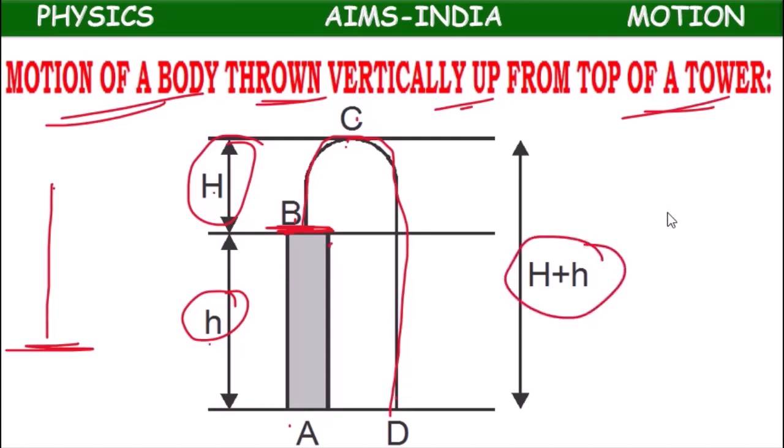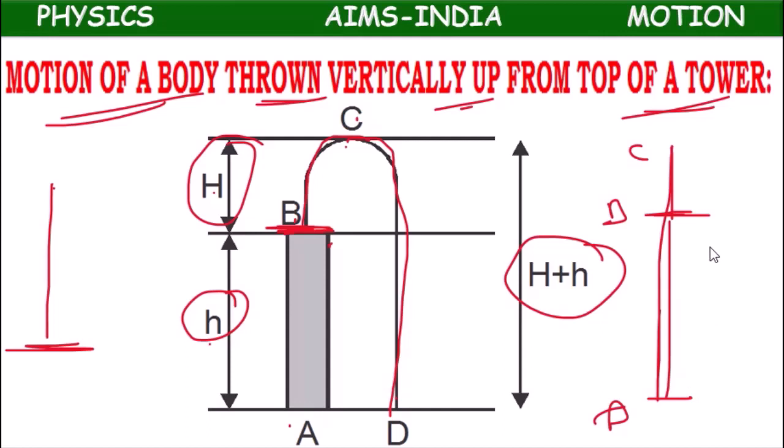Actually, this is a straight line, children: A to B, B to C, and the same path C to D. It's the same straight line going up and coming back. For showing the values we have drawn it like a curve, but it is not a curve. You have to assume it as a straight line path. Tower height will be small h, and the body height above the tower will be capital H.